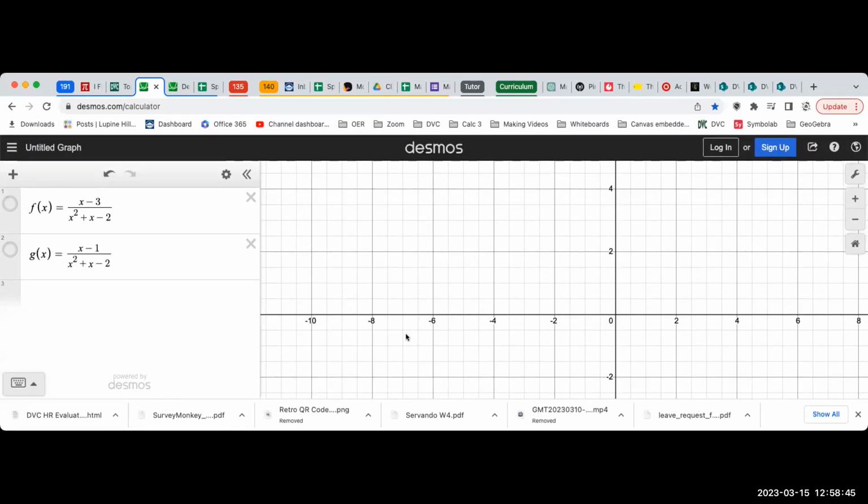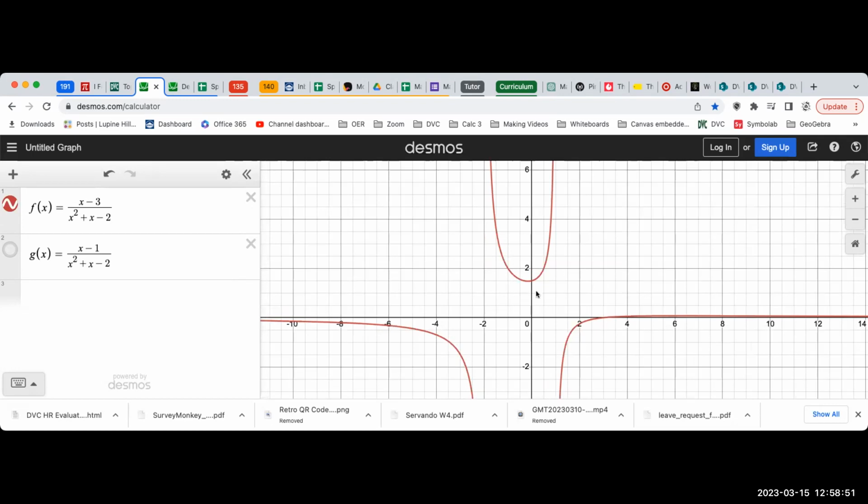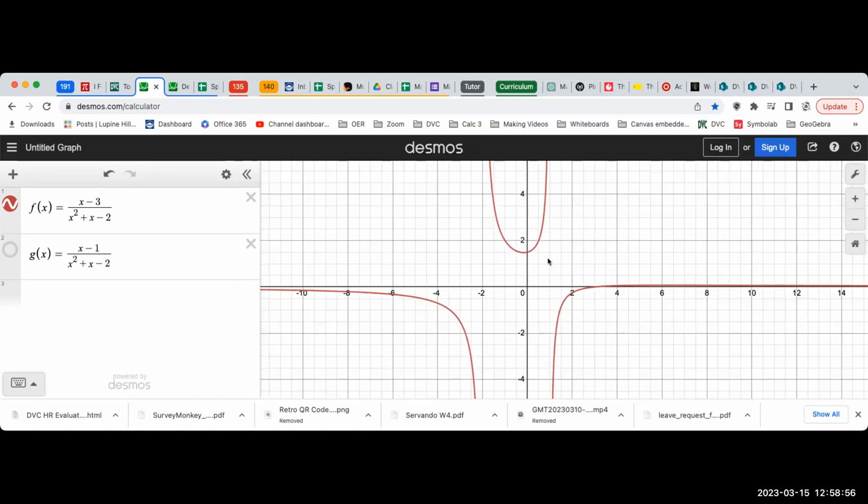So here's the first one. By looking at it, what's the domain? What are we not allowed to plug in for x? 1 and -2, right? 1 and -2 cannot be in the domain of this. So where does it seem to have vertical asymptotes?